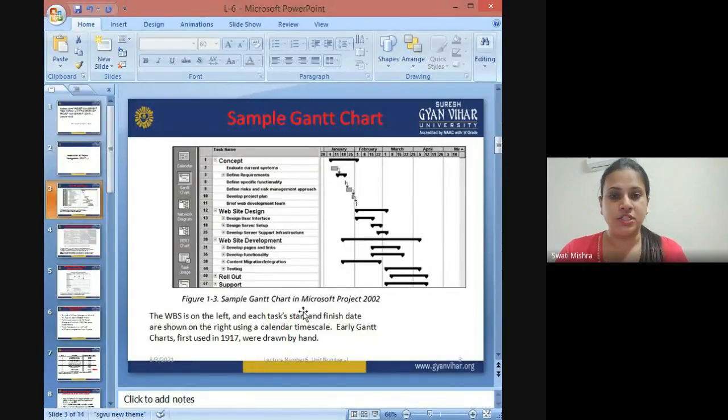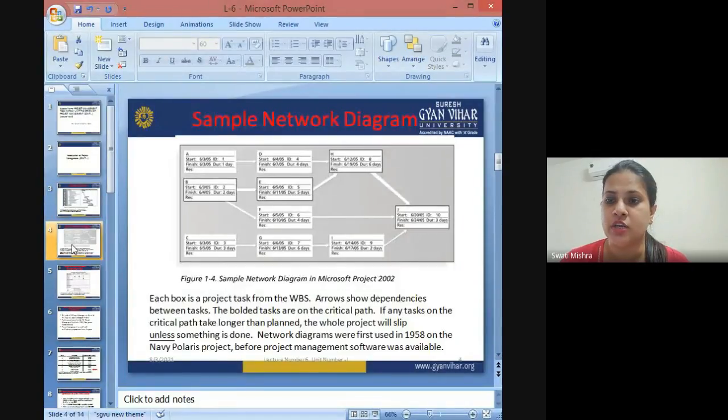This is important, to make the project completion timely. If the Gantt charts are not prepared accurately, then timely delivery of the project is not possible. So I hope that you can understand the importance of Gantt charts through this.